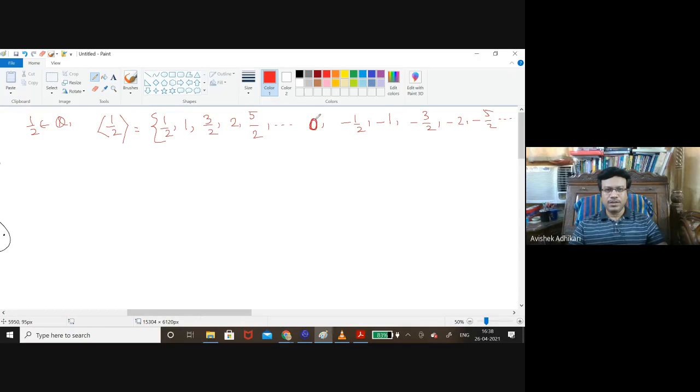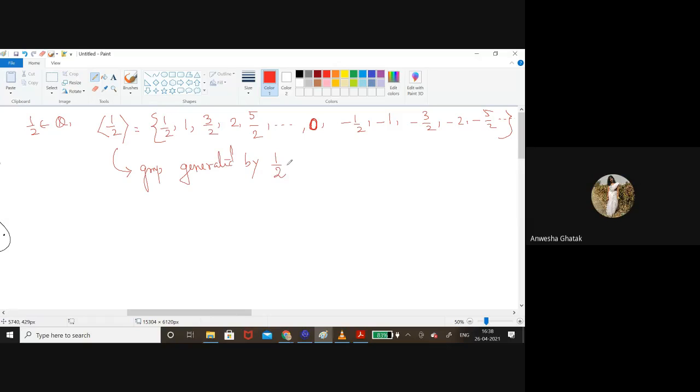So they are all the elements. From the construction, this is the group generated by whom? Generated by 1 by 2, generated by half.